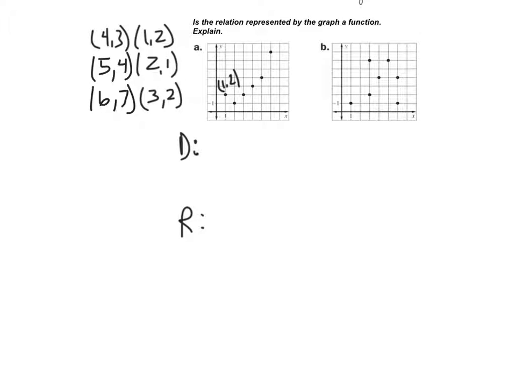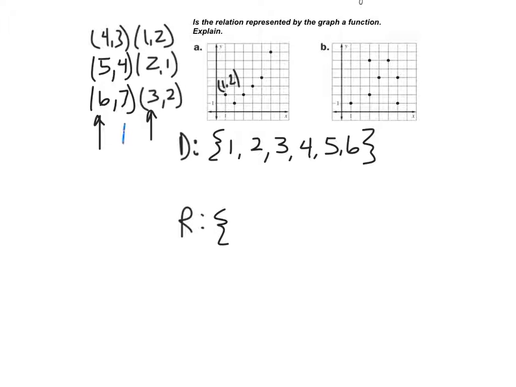Okay, so my domain, again, is my x values. It's my x column. The very first column is the domain. So I'm going to write this out: 1, 2, 3, 4, 5, and 6. That's the domain. The range is the y column, or the second column.